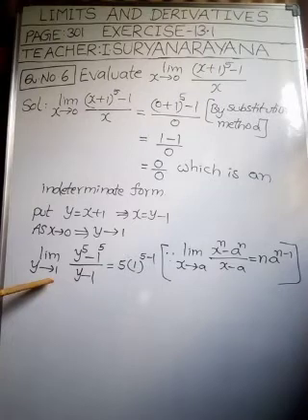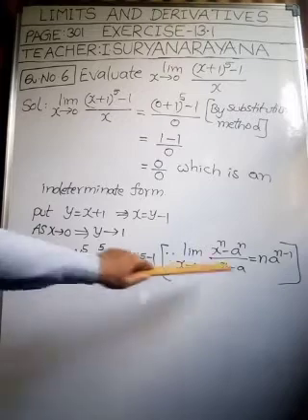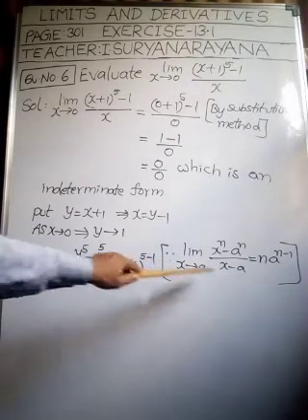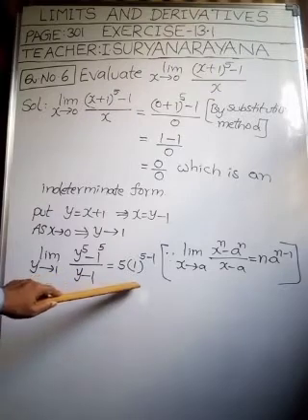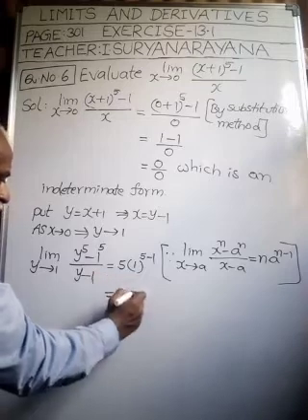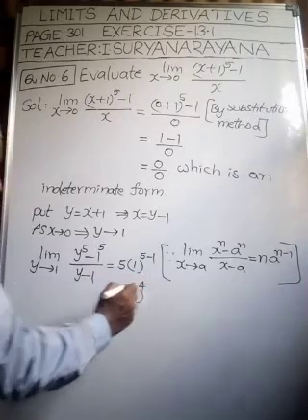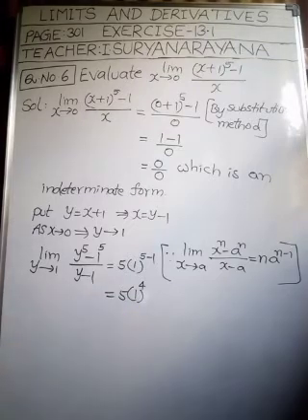Understood this point, my children? Right. n means 5. So we used this standard limit to evaluate the limit of this function. Understood this step, my children? Right. That is equal to 5 into 1 to the power of 5 minus 1. What will we get? 4. Understood this step, my children?